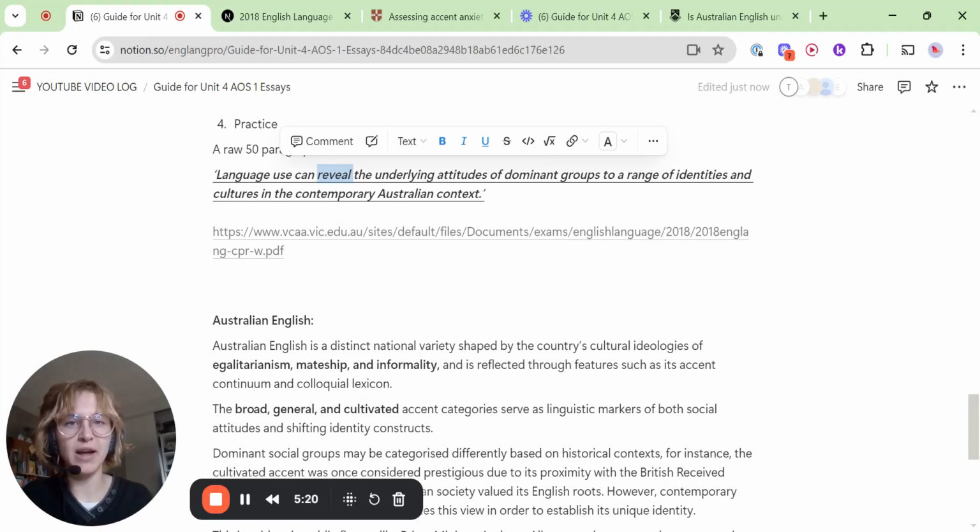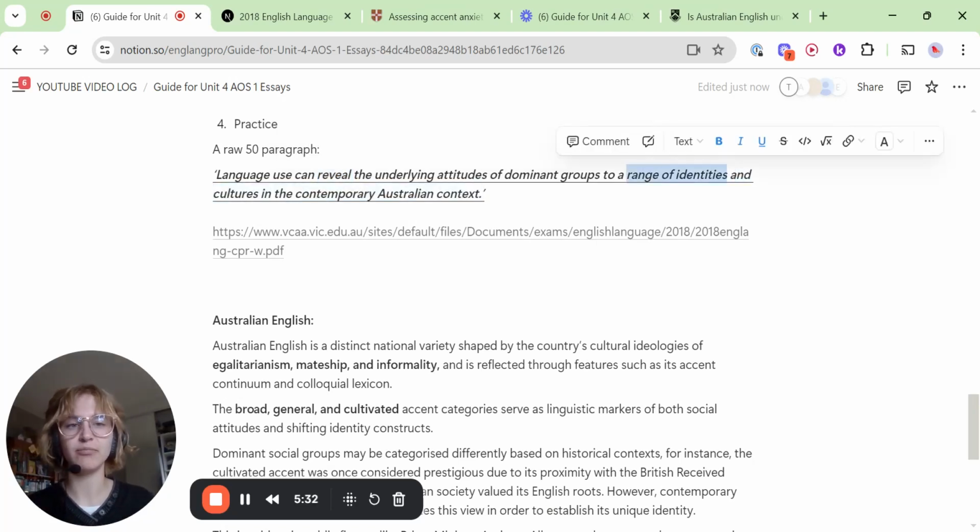Am I talking about linguistic choice? Am I talking about the way someone is talking in terms of phonetics and phonology? What do I mean? And then range of identities. So I'm going to be talking about what sort of identities. Sociolect representing social groups. Am I talking about idiolects with things like values and beliefs being presented in our language choices and then having attitudes towards them?